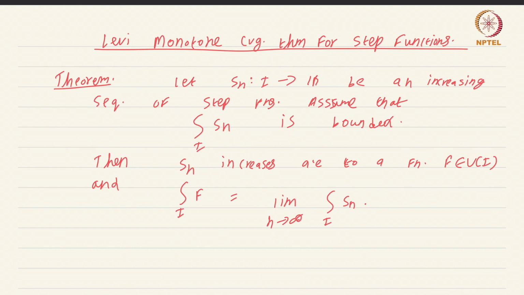Under those circumstances we say that f is an upper function. Here we get that upper function for free just from the fact that the integrals are bounded. So you can already see that this is stating quite a non-trivial thing. Let's go on to the proof.